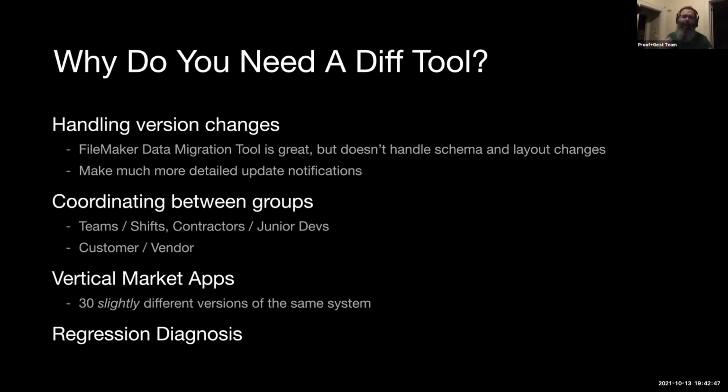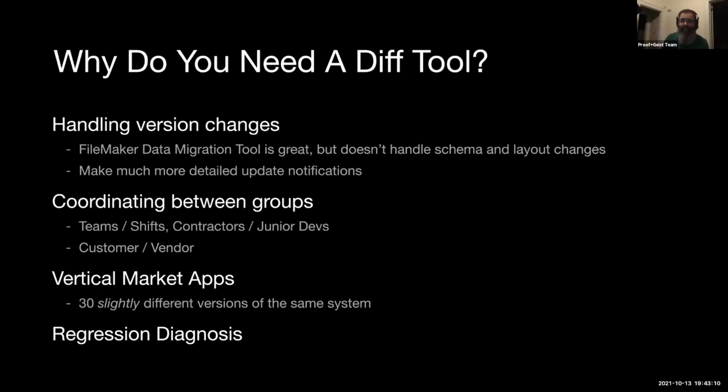Anytime that you're coordinating development between groups, so teams and shifts, contractors and junior devs. I've even seen it used to validate that the customer did not change the version after you deployed it, which is immensely helpful. So they say, we didn't change it, and you go, no, you changed these 3 scripts right here.